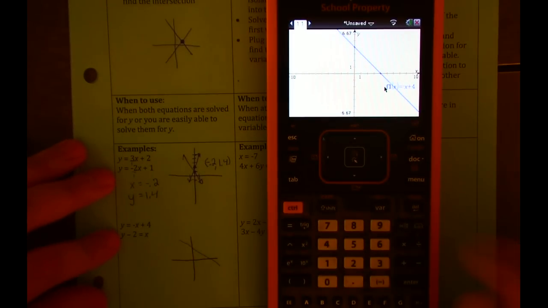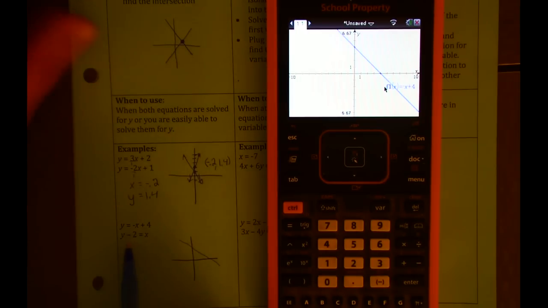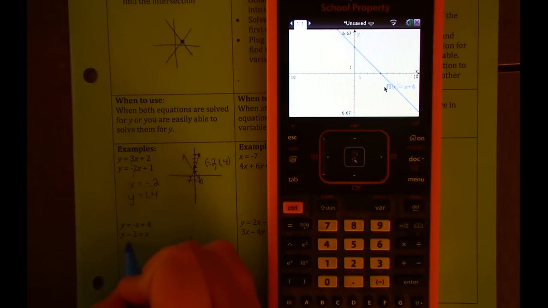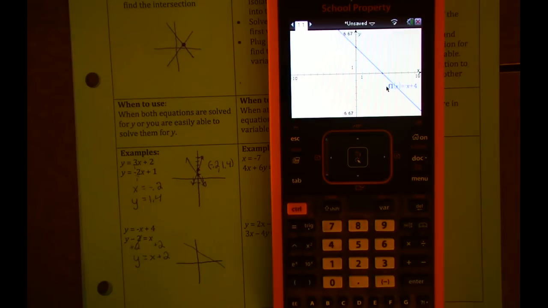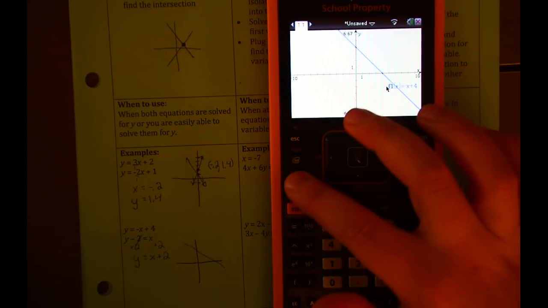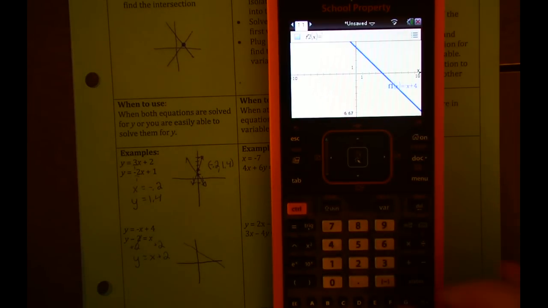My second equation isn't solved for y equals, so I need to make it so that it is. I need to get the y all by itself, so I have to add 2 to both sides. So y equals x plus 2. So now that it's y equals, now I can put it into my graph. So I'll hit tab to get that bar back up there.